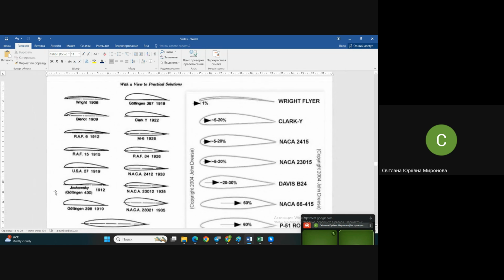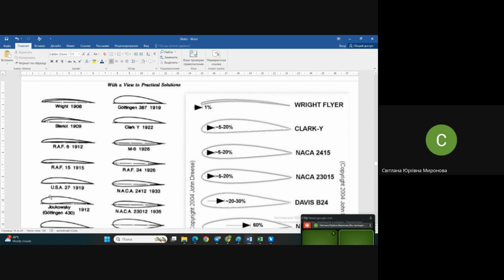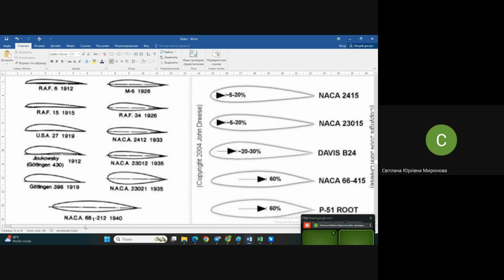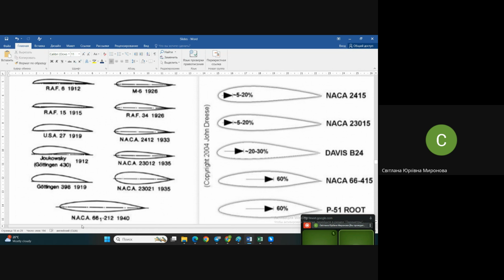I trust you understand. The profile whose shape was obtained theoretically, calculated by Zhukovsky using his theorem about circulation, and he used something like a conformal transformation of a cylinder in the flow, and he calculated the most effective shape of profile. Zhukovsky profile, don't be confused by the different writing of his family name, his surname.